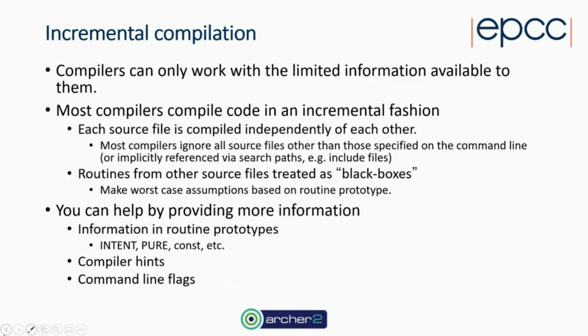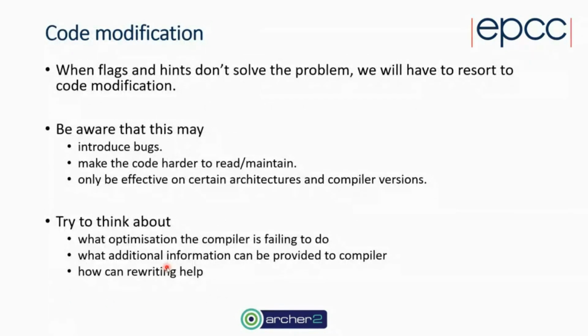It also requires extra things like more memory and more computational resources. And we can often see this for big codes breaking the compiler because it just can't handle that level of interprocedural optimization.